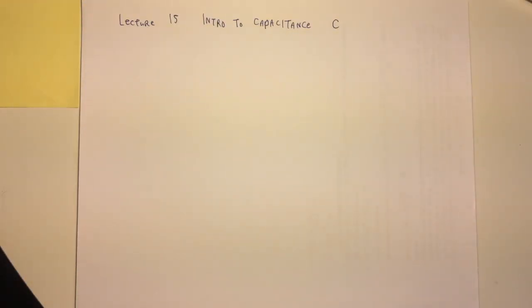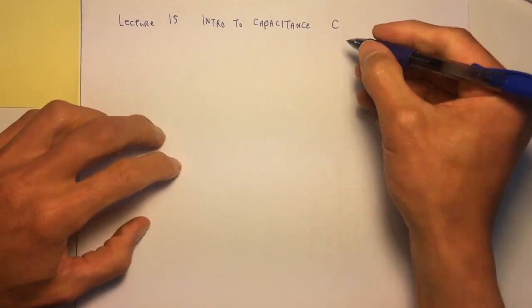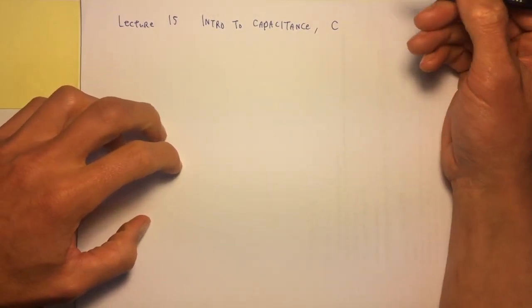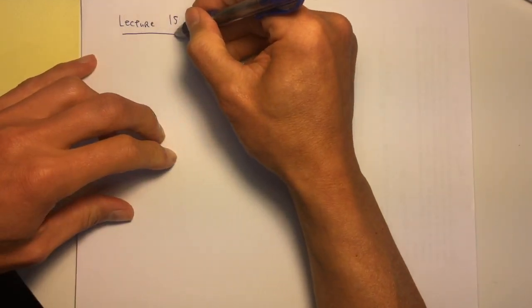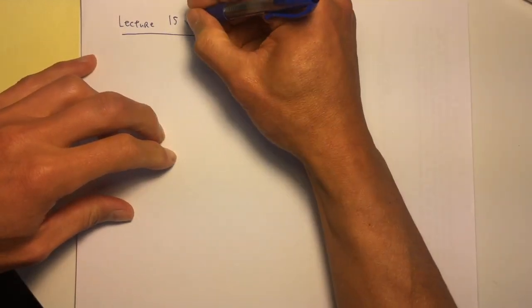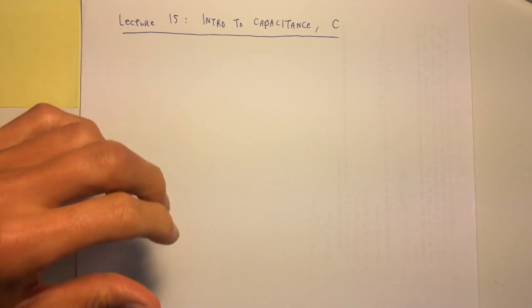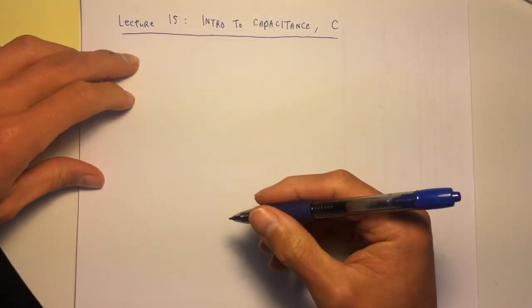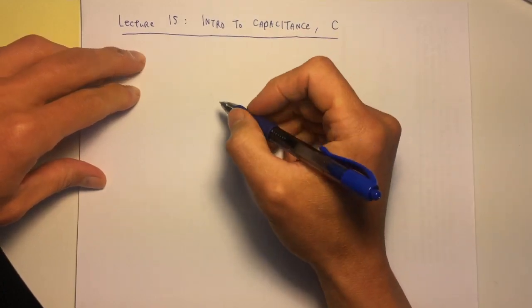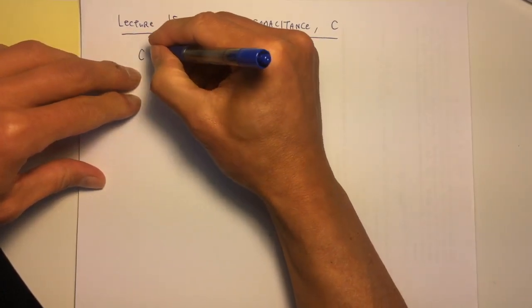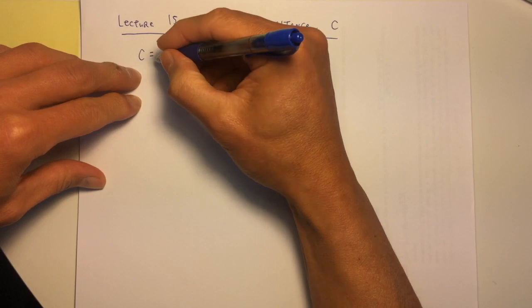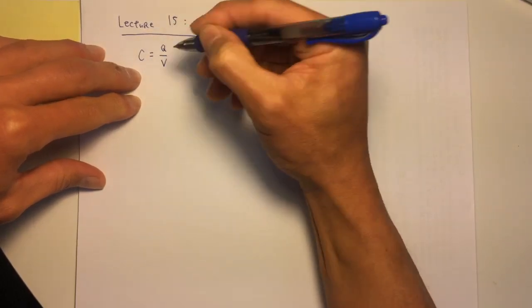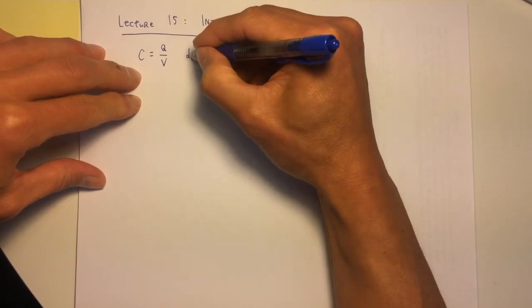So let's introduce capacitance. Capacitance is given the symbol capital C. C is defined as Q per V. So this is the definition.